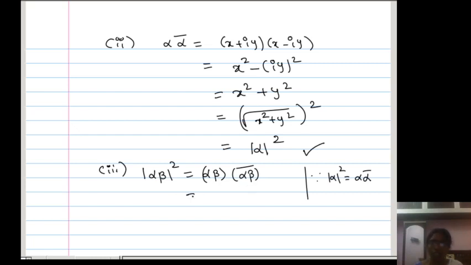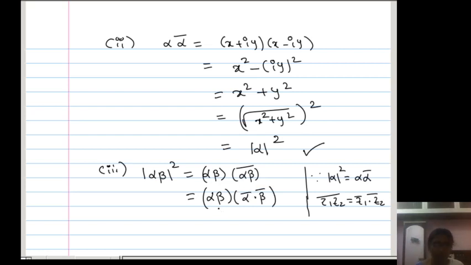Understood? Already in previous classes, in the conjugate formulas, I discussed the property that the conjugate of Z1 Z2 is equal to Z1 bar into Z2 bar. By that I am writing alpha bar into beta bar.